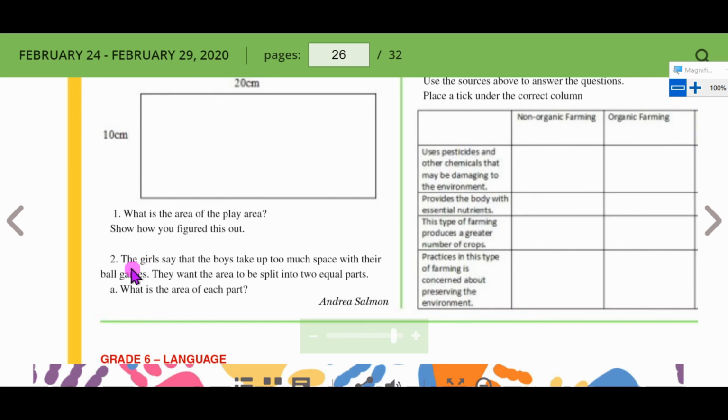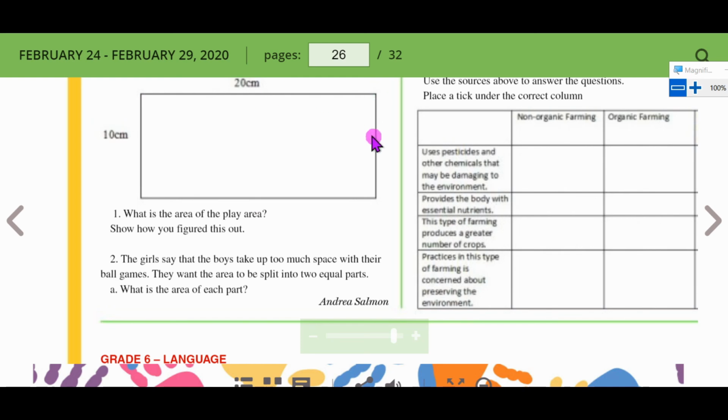2. The girls say that the boys take up too much space with their ball games. They want to split the area into 2 equal parts. What is the area of each part? Area of each part would be 100, because 20 times 10 gives the total area.